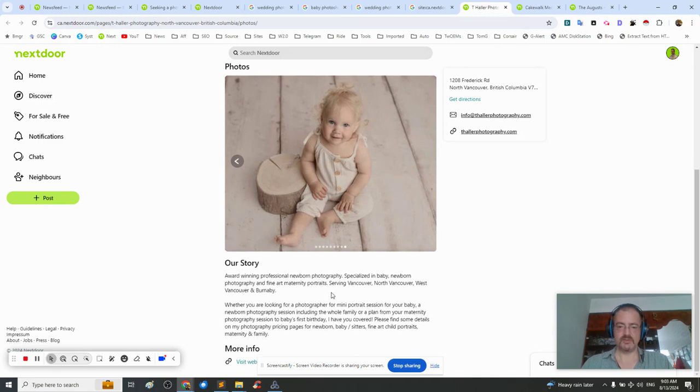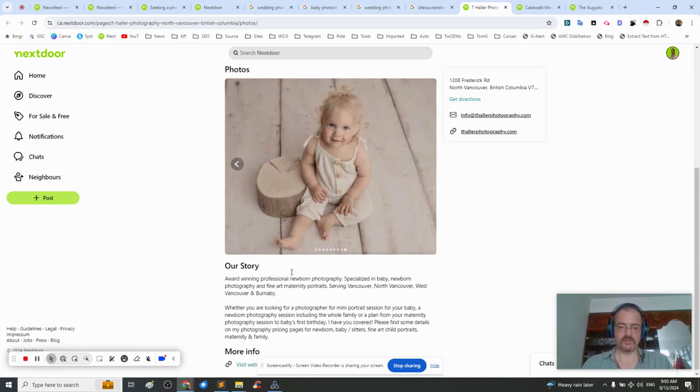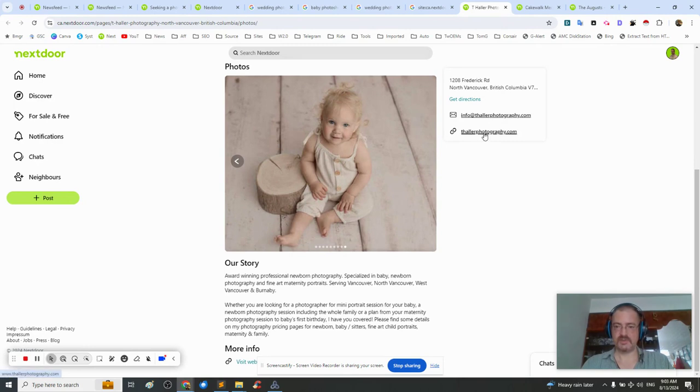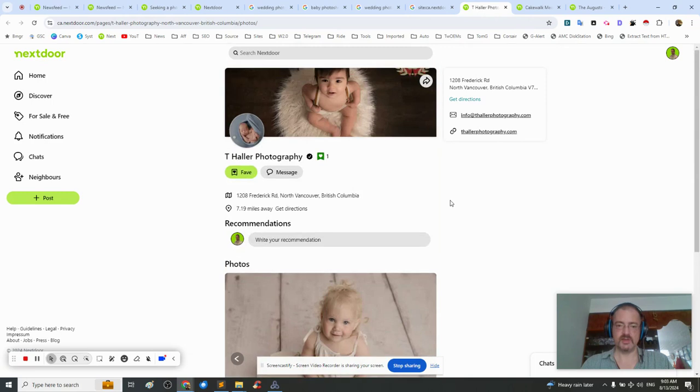Here we have also a bio and a story. We have the link towards the website. We have the email address. Maybe if they have a storefront, date and opening times would be good. And there is one recommendation, or at least somebody puts this business as a favorite.